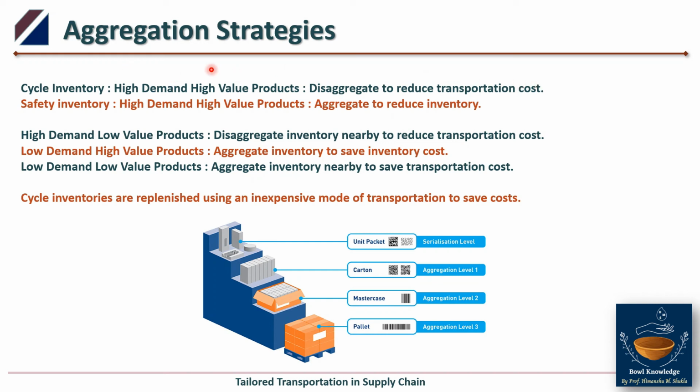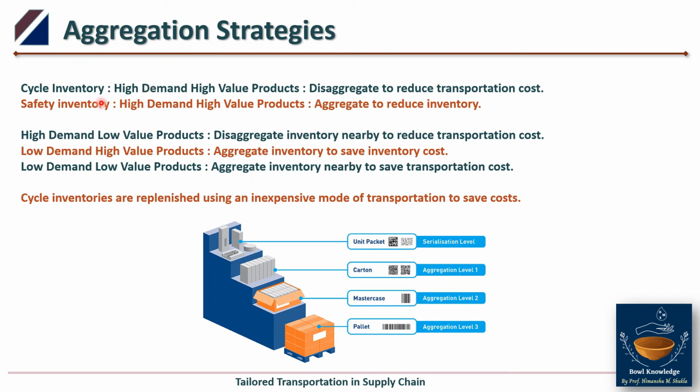When the product is high value and high demand, तो ऐसे ही उस प्रोडक्ट का आपका जो ट्रक है वो वैसे ही बढ़ जाएगा क्योंकि हाई डिमांड प्रोडक्ट है और हाई वैल्यू भी है. So you need not aggregate some other product in that truck. Okay, so you disaggregate to reduce the transportation cost because your product is high demand. It can itself form a complete trip independently.